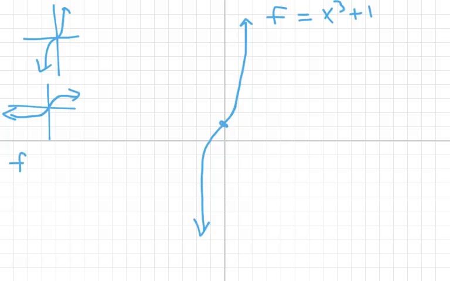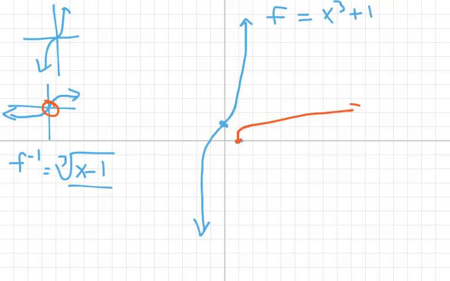We need f inverse, which is the cube root of x plus 1. This is a horizontal shift to the left by 1. And you're kind of going to draw it up here, and it shoots out here, and go down here, and it shoots out this way. So basically this one should have been a little more like that as well.